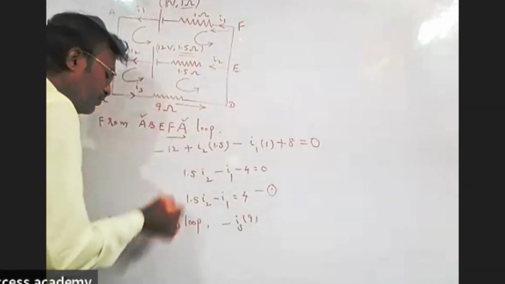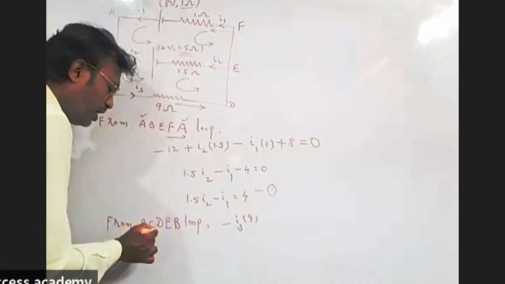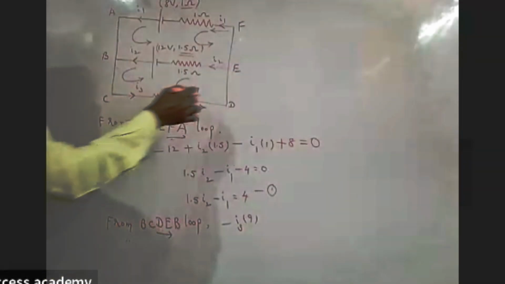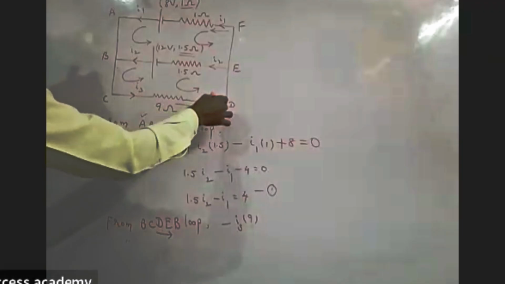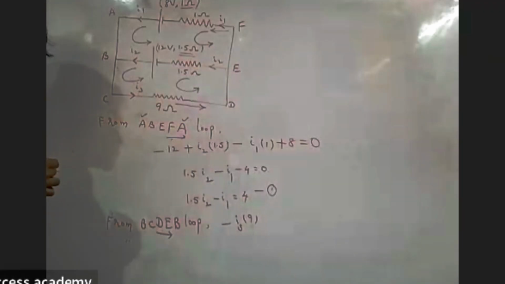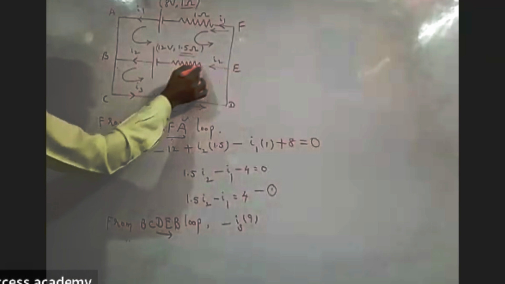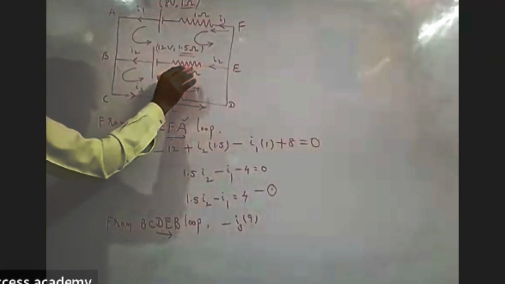After completion of CD, move to DE. In DE there is no cell and no resistor, so just forget about that. Now move to EB. Here there is a cell and a resistor. At first the resistor comes.